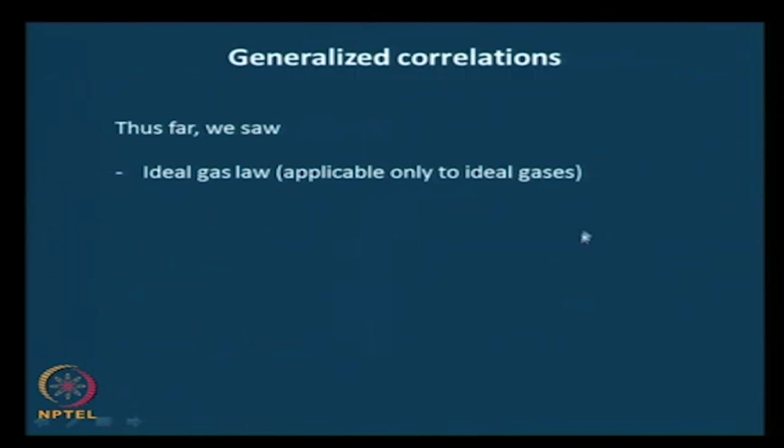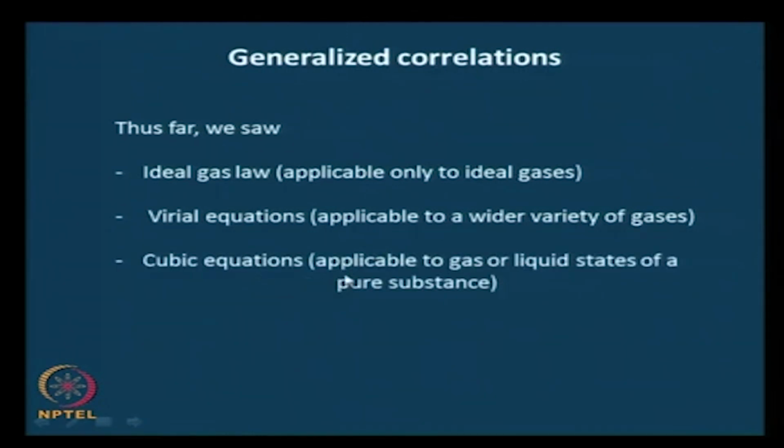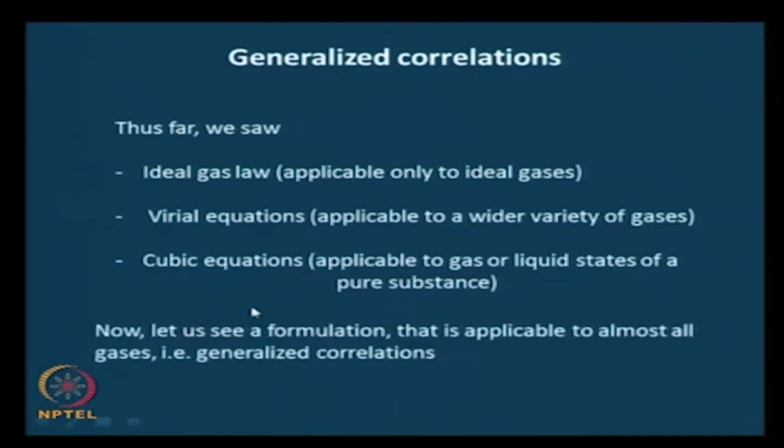Okay. Then we said that we had seen the ideal gas law, the equation of state applicable only to ideal gases, the virial equations that were applicable to a wider variety of gases, and cubic equations that are applicable to either the gas or the liquid states of a pure substance. And then we said that we are going to come up with a formulation that is applicable to almost all gases.